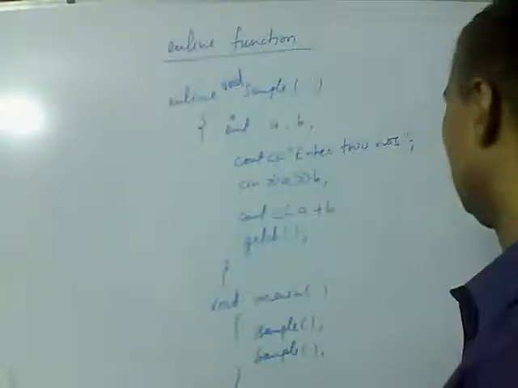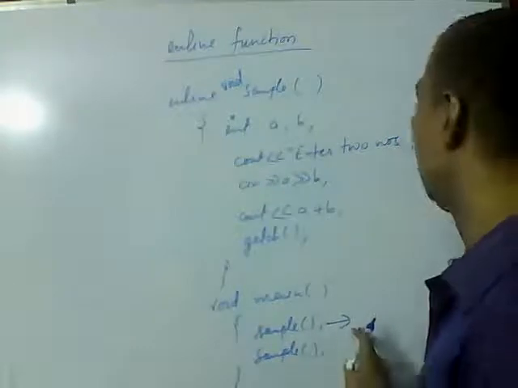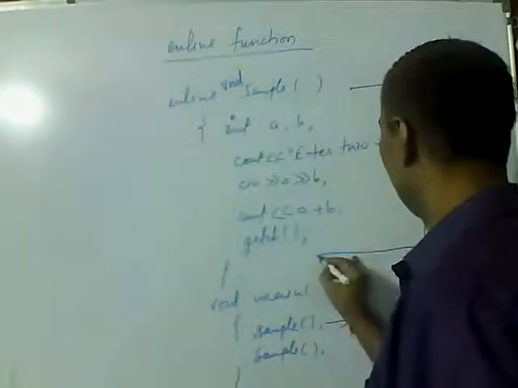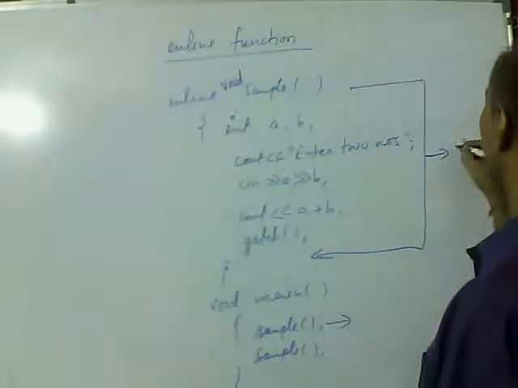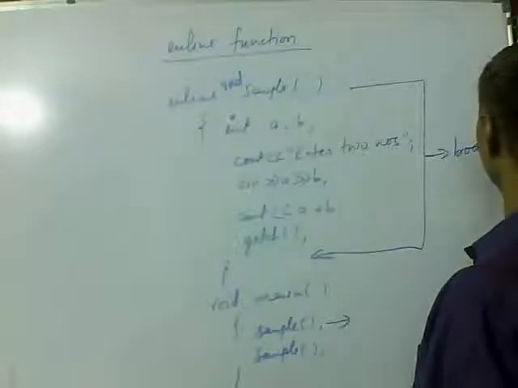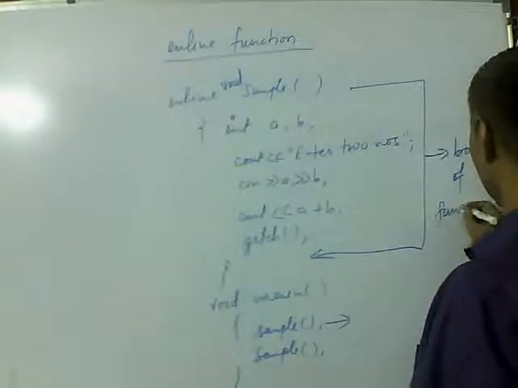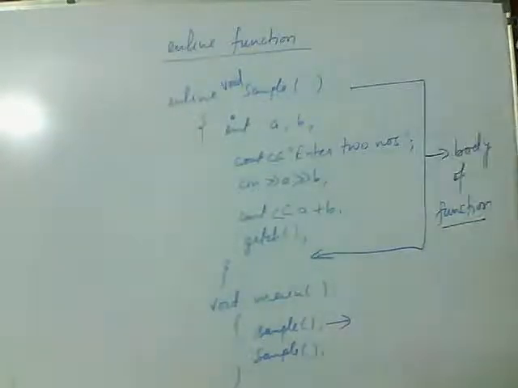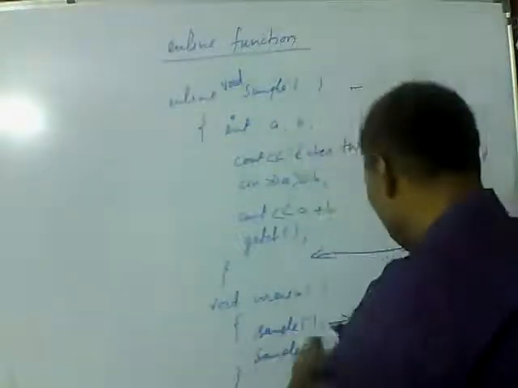So this single statement, while compilation, will be replaced with the body of this function. Whatever code you have written in the body of the function will replace this statement.